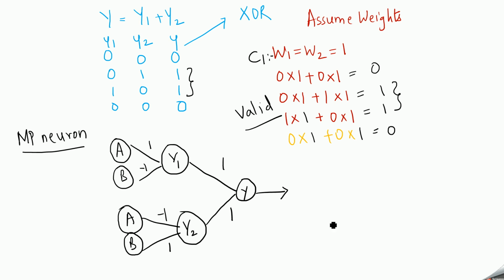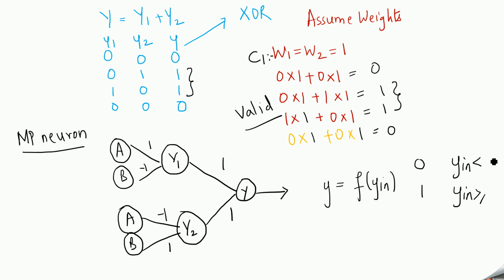So if we want to write it in the form of a model, then how will we include this? Y is basically equal to f of y_in, that is the activation function. A neuron will not fire when it is less than theta, and it will fire when it is greater than or equal to theta.